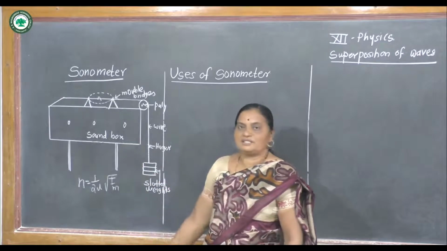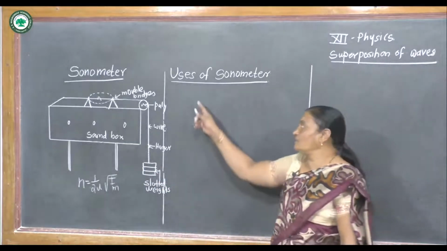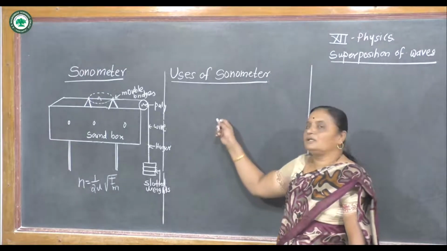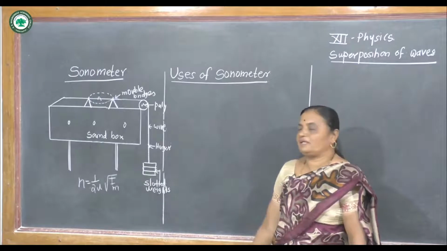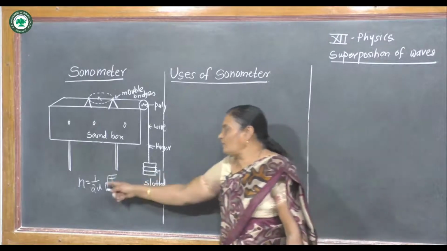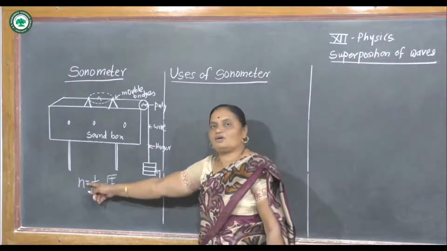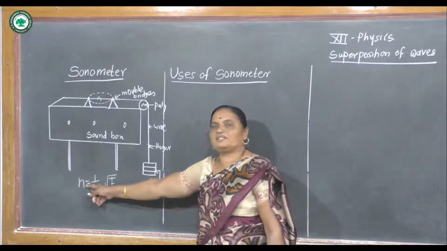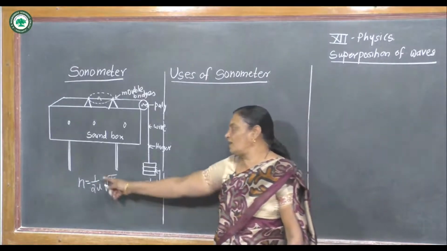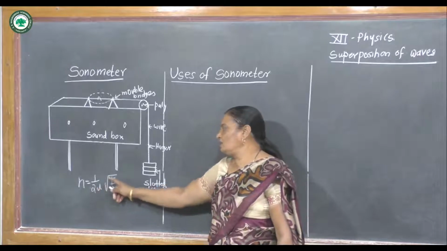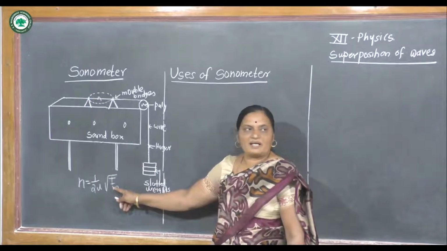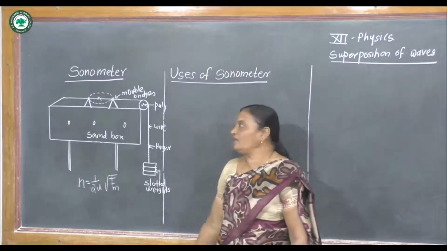The sonometer is used in two ways: first, to determine an unknown frequency, and second, to verify the laws of vibrating string. The unknown frequency is determined by this formula: natural frequency of vibration is exactly equal to frequency of tuning fork, and it is given by 1 upon 2L under root T upon M, where T is tension applied, M is mass per unit length, L is vibrating length.